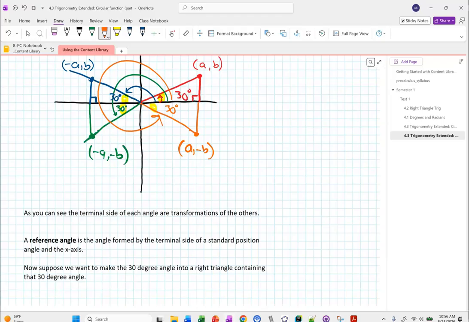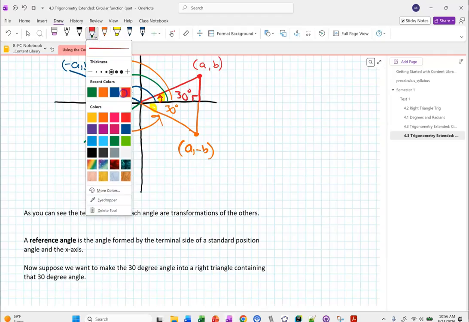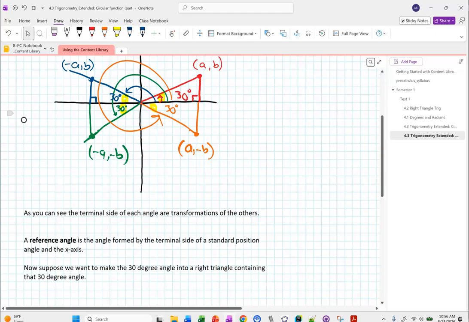What can we say about these four triangles? They have to be congruent, right? Because I know for this triangle, what does the height of the red triangle have to be? Have to be b, right?